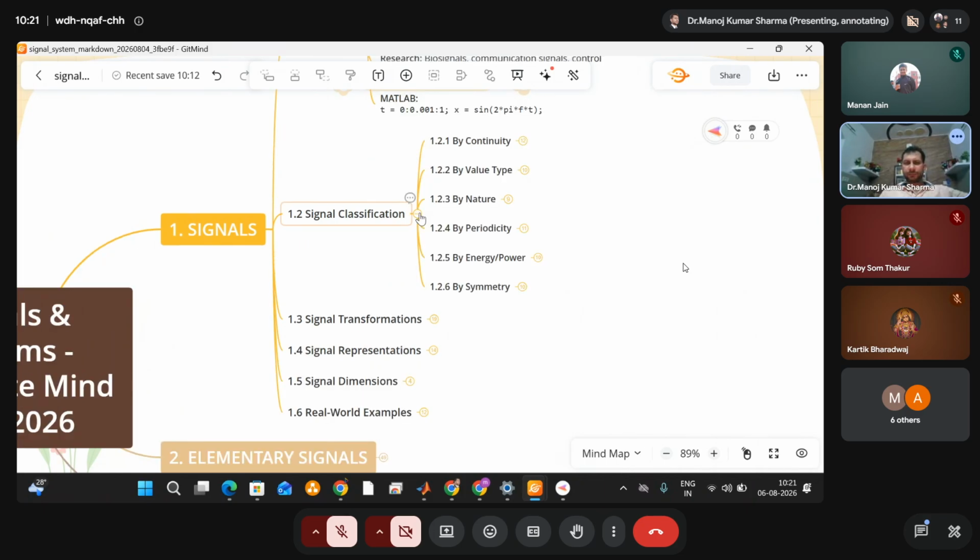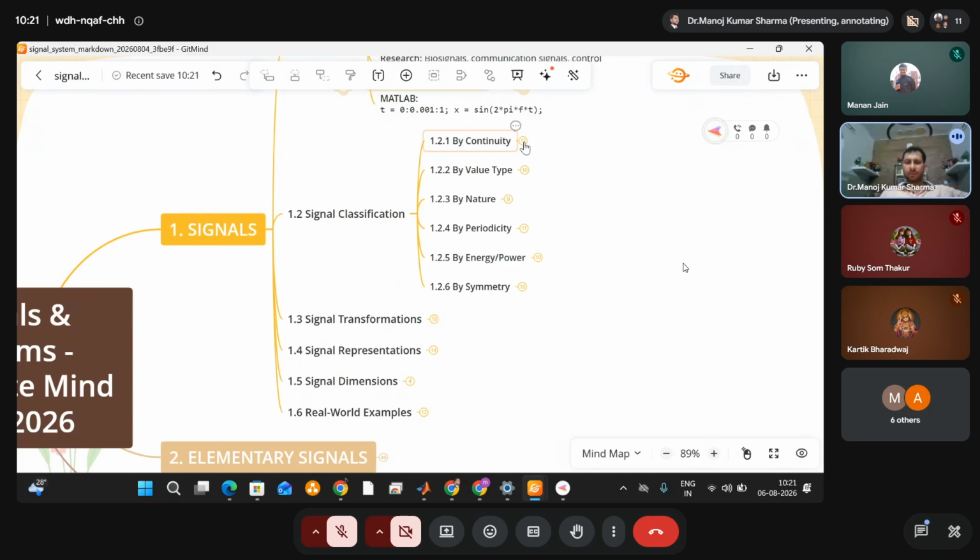For that, we can classify the signals by six classification methods. One is by continuity, by value type, by nature, by periodicity, by energy and power, and by symmetry. So let's start with classification by continuity.